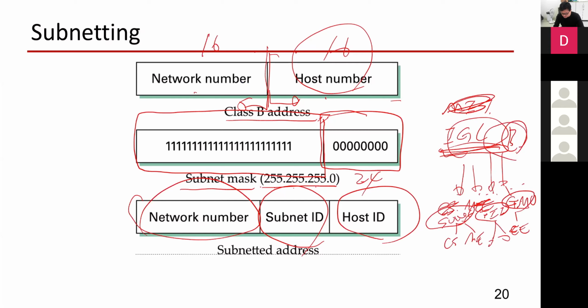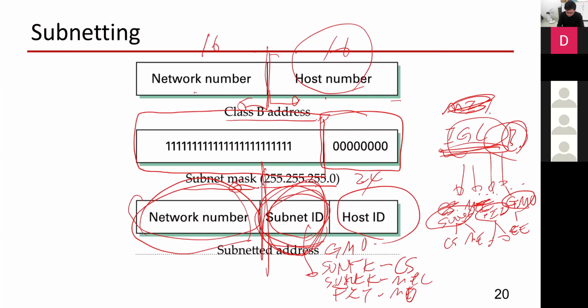So I can give you this subnet ID that classifies who is SUNY CS, who is SUNY MEC, who is FIT, designer, something like this, who is GMU, and EE.